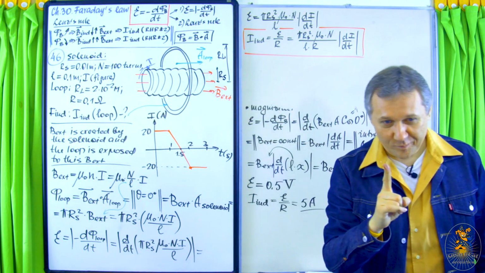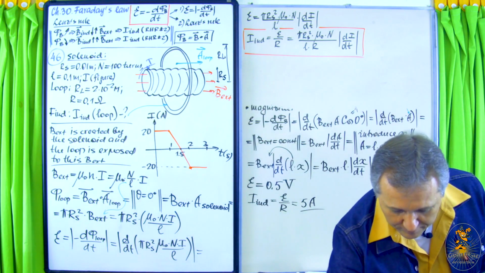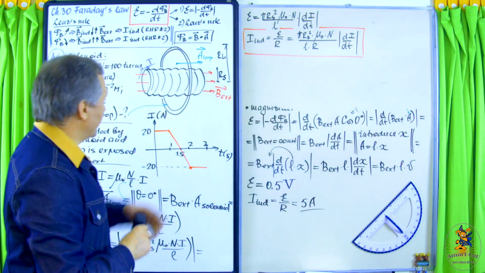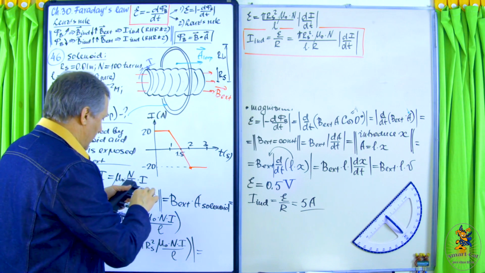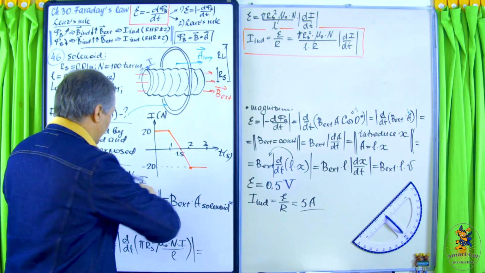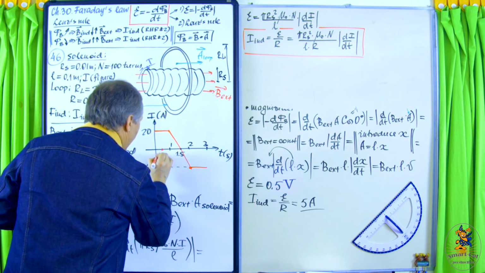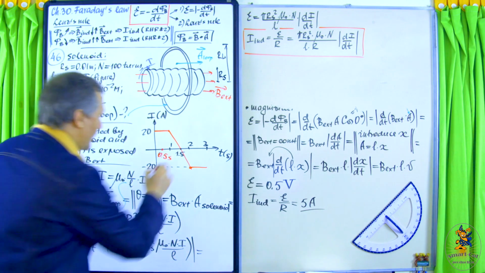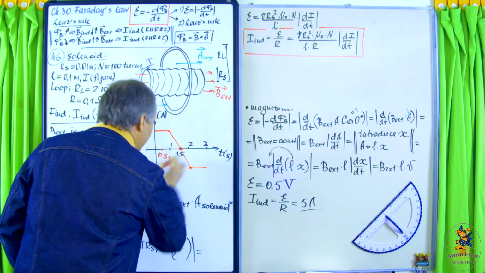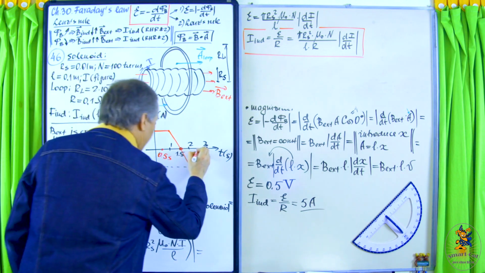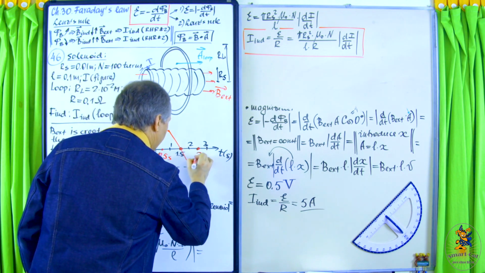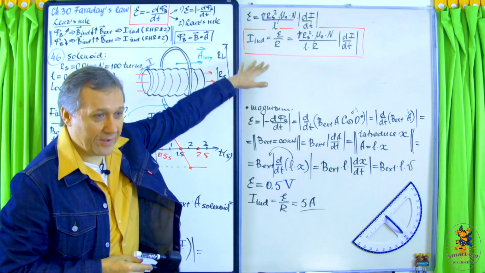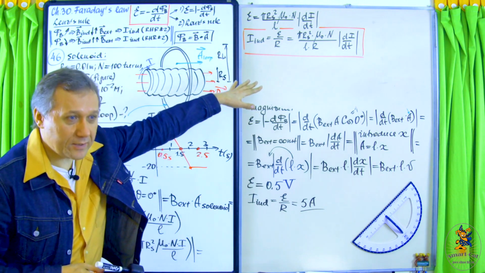And now the problem asks, we need to find the value of the current at these points: 0.5 seconds, 1.5 seconds, and I think at 2.5 seconds. So basically you just need to apply this formula three times.